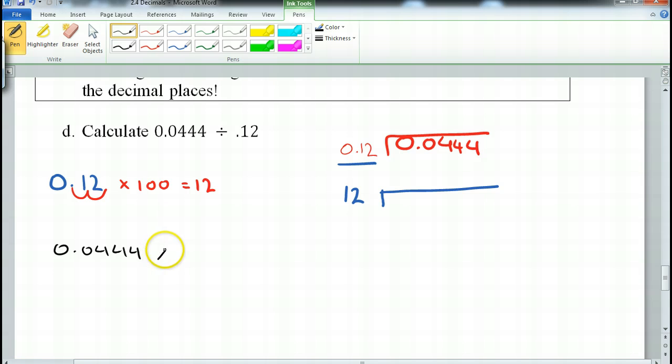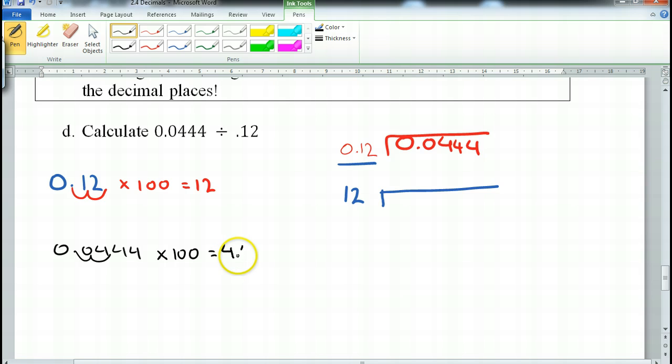Multiplying by 100 moves the decimal over 2 places to the right, and I get 4.44. So that's really important when you're converting the divisor, that you convert the dividend as well. So let me put that in here. So 4.44 over here.